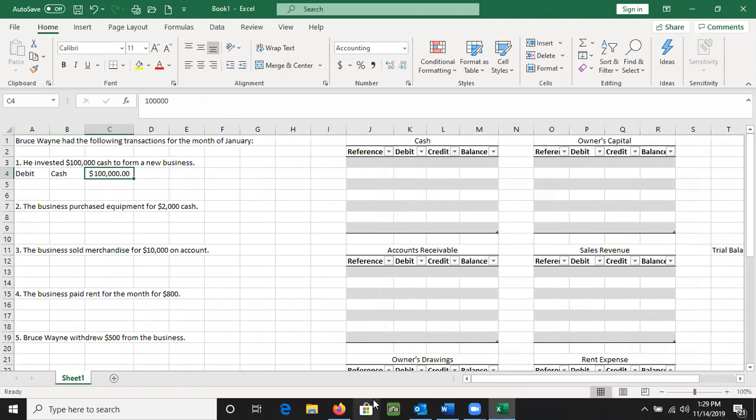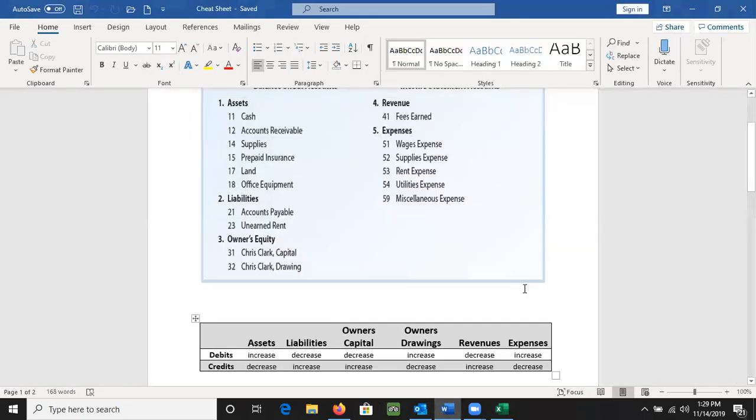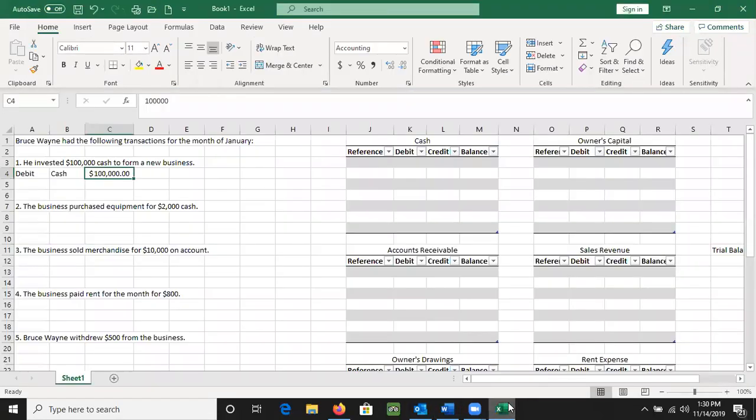Next, owner's capital. Go back here to your cheat sheet. Owner's capital is an equity account. The chart I put down here breaks it by itself. Whenever an owner is putting money into their business, their capital is increasing. So since it's increasing, owner's capital must be credited. And remember the rules of a journal entry.